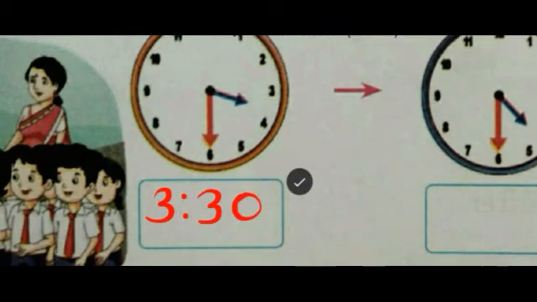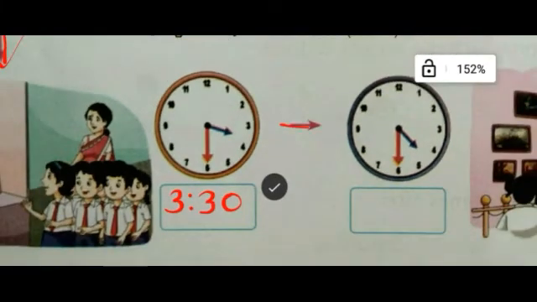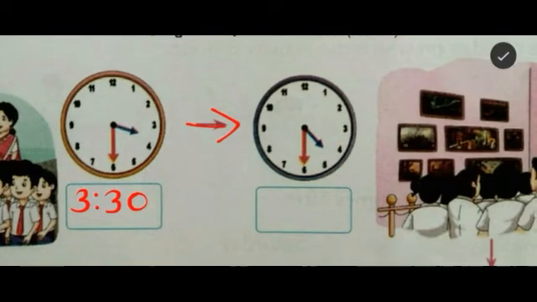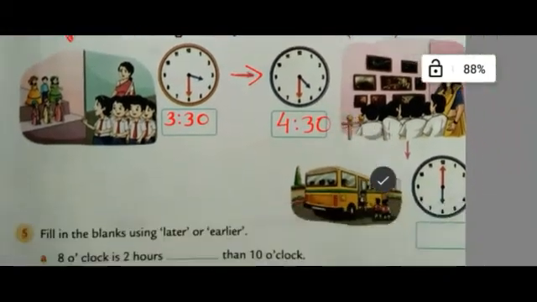Now the arrow is again going right side. And what is the time that we can see here? It is 4:30. So we can write here 4:30.